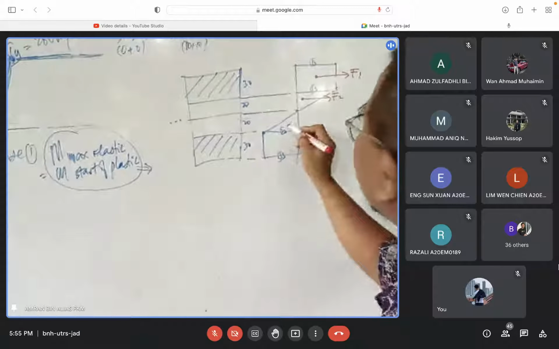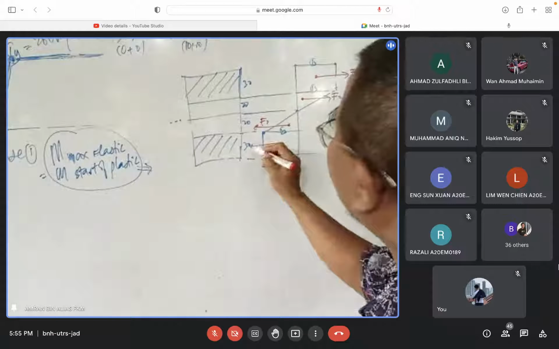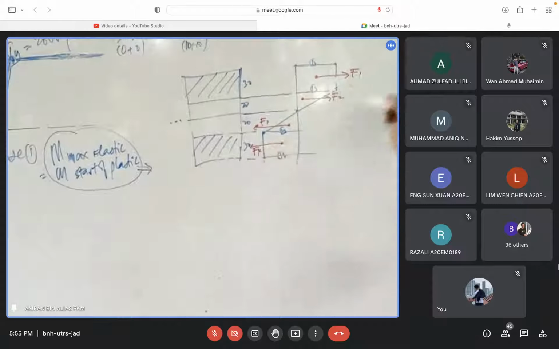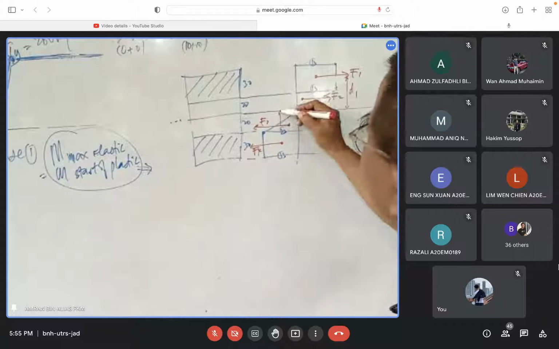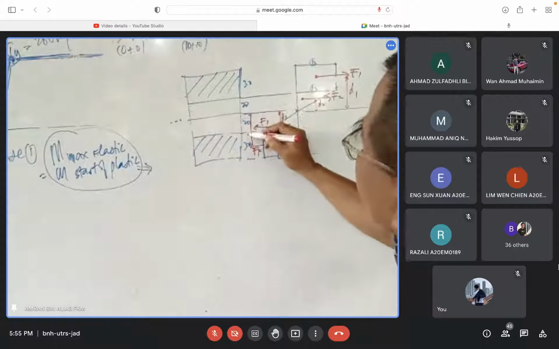And then the F3 there, and then F4 there, centroid of that square, F4. And then the distance from that centroid until that line here, we call it D1. From here to here, we call it D2. D3, and then D4 there.